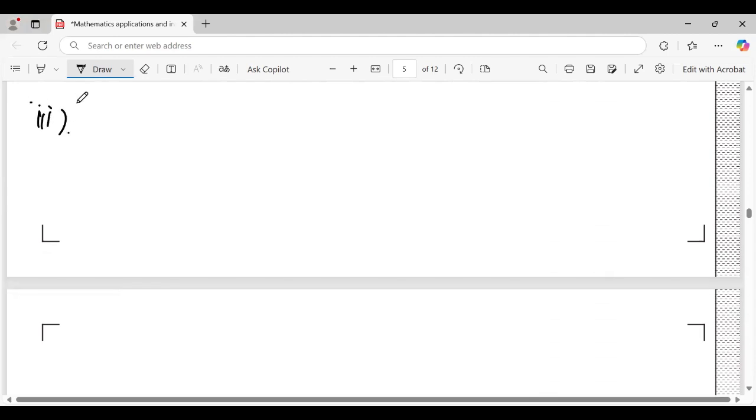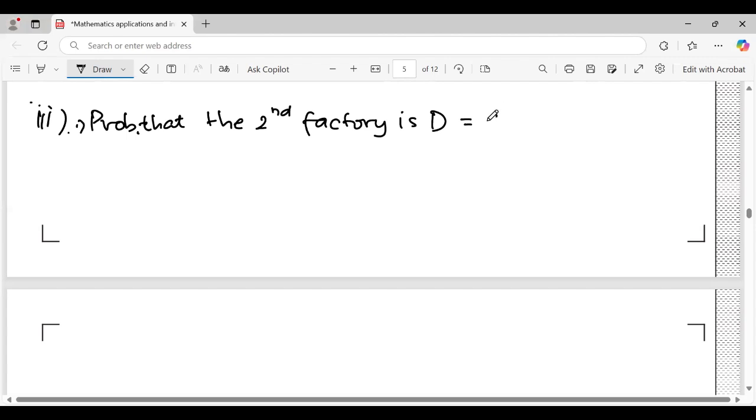Part 3, for D to D, the probability that the second factory is D, the probability is 0.7.